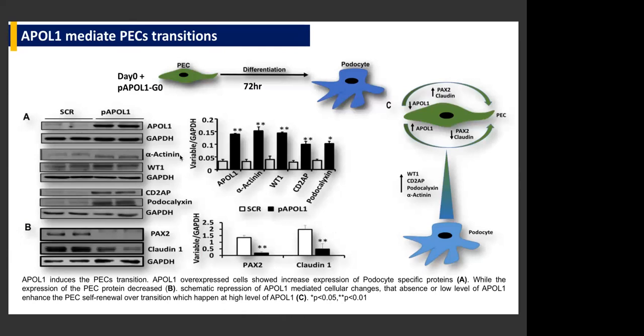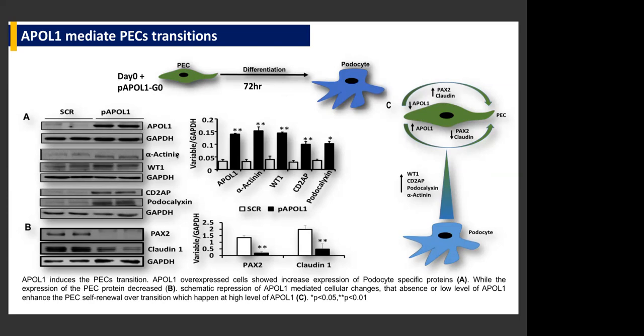And to check whether this APOL1 protein is responsible for this PEC transition or not, what we did was take the parietal epithelial cells on day 0 and overexpress the APOL1 G0 wild type only by using plasmids, and we find that after 72 hours of overexpression of APOL1, there is a transition of PEC towards the podocyte phenotype.